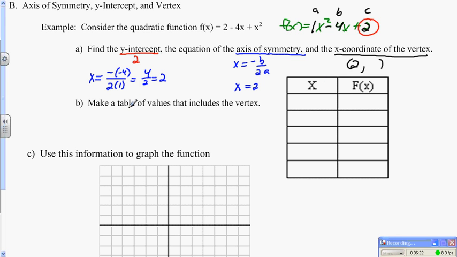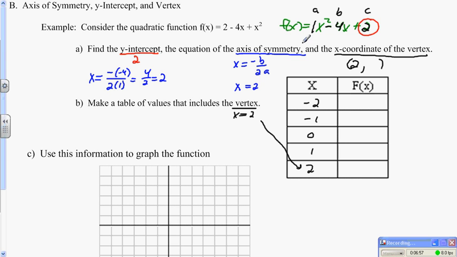Now here we're going to make a table that includes the vertex, meaning we need to have an x of 2 in there somewhere. So let's say -2, -1, 0, 1, and 2. So this is including our vertex. We plug those points into this function as we did on the previous page.